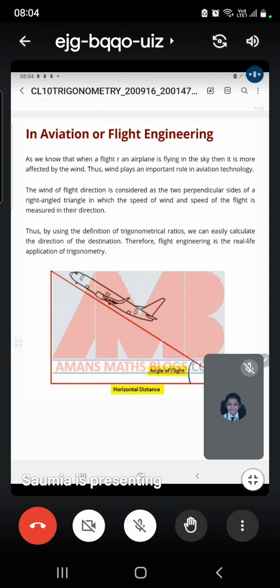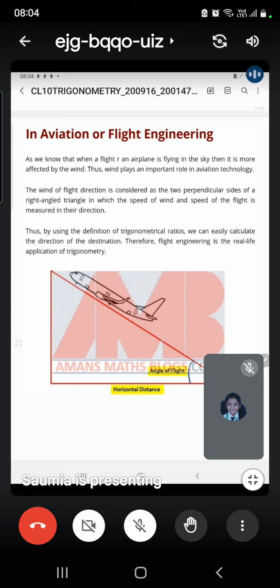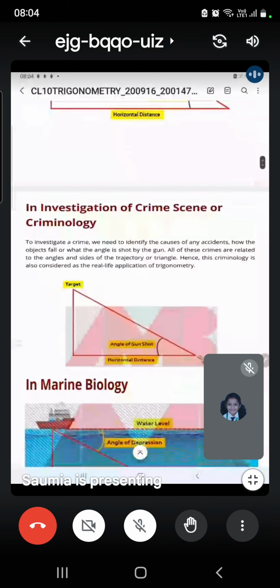In aviation, when we travel by flight from one place to another, a lot of trigonometry plays into how we navigate and reach the spot. Wind plays an important role in aviation technology: the speed of the wind, the distance, the direction of the flight. You can read it later on. I have put this in the classroom long back, just showing you in case you're interested. This is one application of trigonometry.